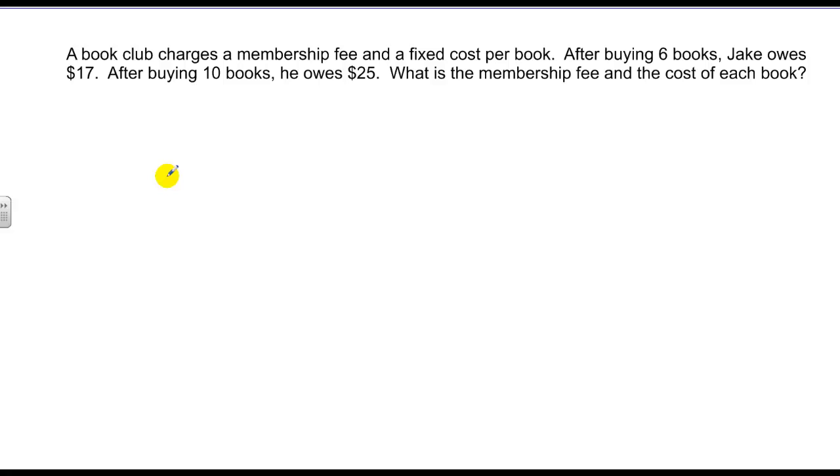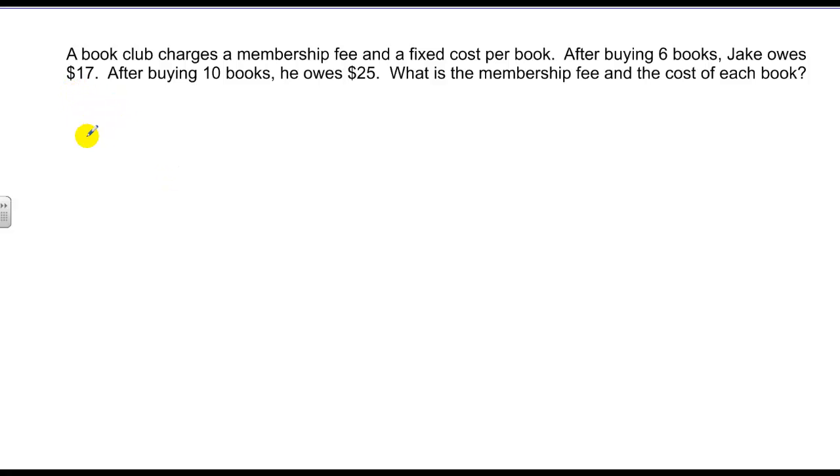So in this problem, you've got a book club charging a fixed cost per book and a membership fee. And after buying 6 books, Jake owes $17. After buying 10 books, he owes $25. You want to know the membership fee and the cost per book.